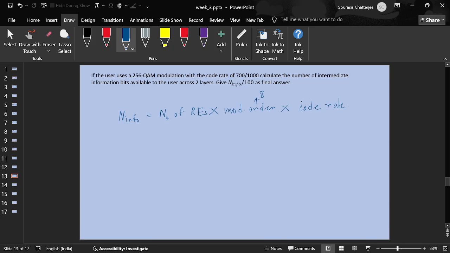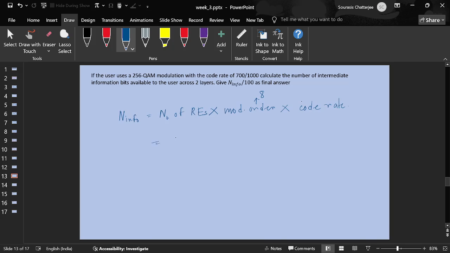That's why. Okay, so you are saying as the code rate is given as 700 divided by 1000, out of every 1000 bits, 700 are the useful ones and the rest are parity bits. They don't carry any information, so that's why I need to account for them.